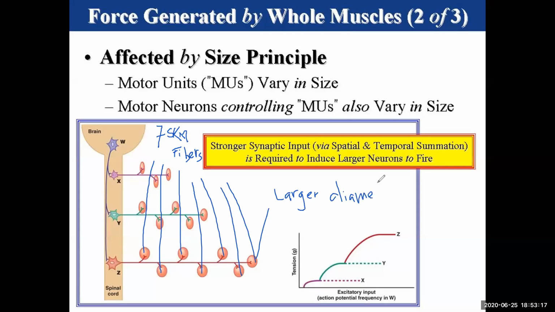Right? So larger motor units have two things, and this is new. You haven't learned that yet. Larger motor units means they have a greater number of skeletal muscle fibers per motor unit.